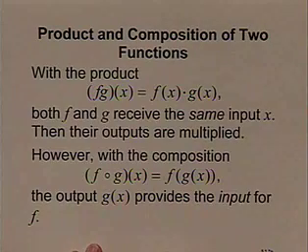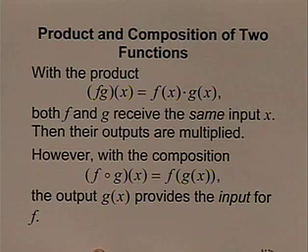Now please be careful here. There is a great difference between multiplying two functions and finding a composite of those two functions. Let's just review this to make sure we know the difference. With the product, f times g of x equals f of x times g of x, both f and g receive the same input x.